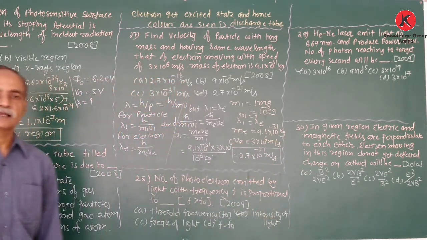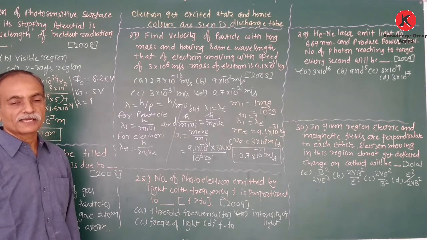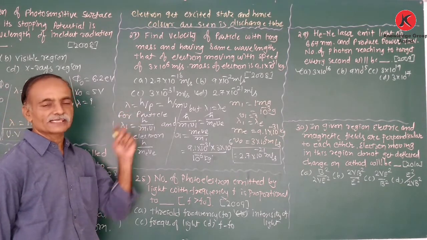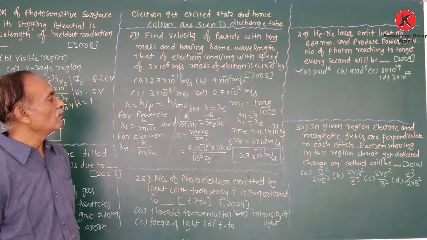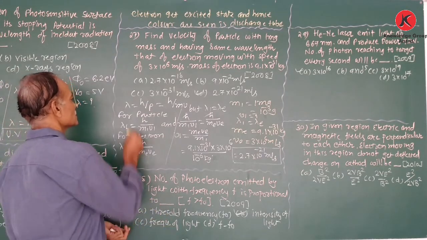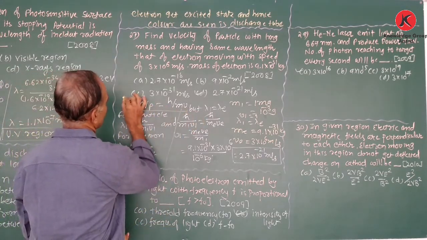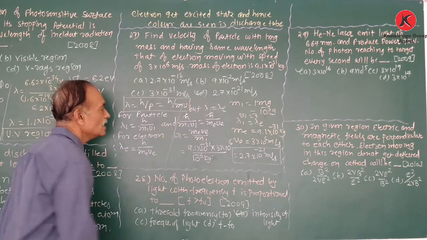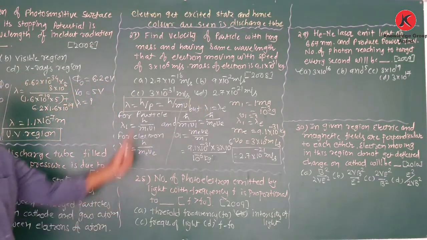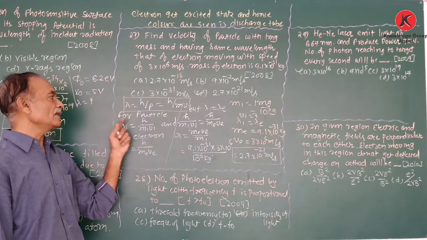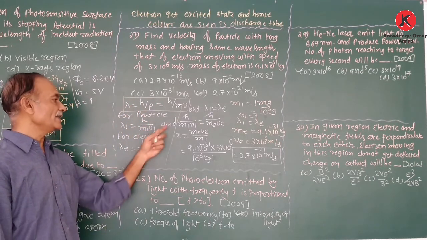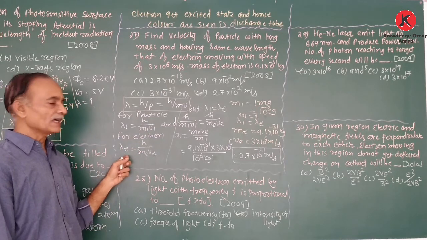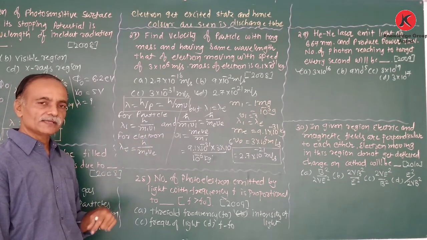Very easy numerical. Using the de Broglie wavelength equation, lambda is equal to h upon p, where p is the momentum, the mass into velocity. We are using this concept of wavelength, lambda is equal to h upon p or h upon mv. From this equation, for a particle, lambda 1 is equal to h upon m1 v1, and for the electron, lambda E is equal to h upon Me v.